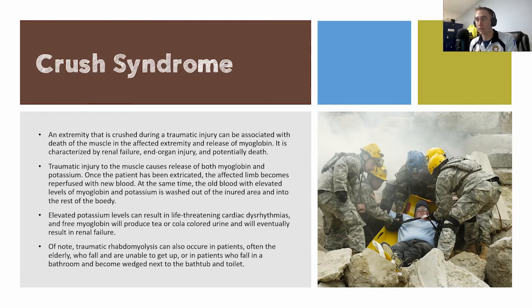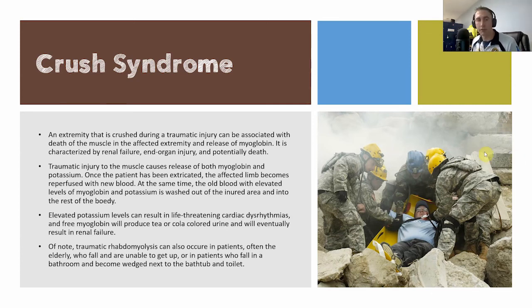We all know what hyperkalemia is. That's what it causes. When that myoglobin gets released, it can produce tea or cola-colored urine, which can eventually result in renal failure. So, looking at a patient's urine, if they have to go to the bathroom or if they urinate on themselves, it can provide some useful information.